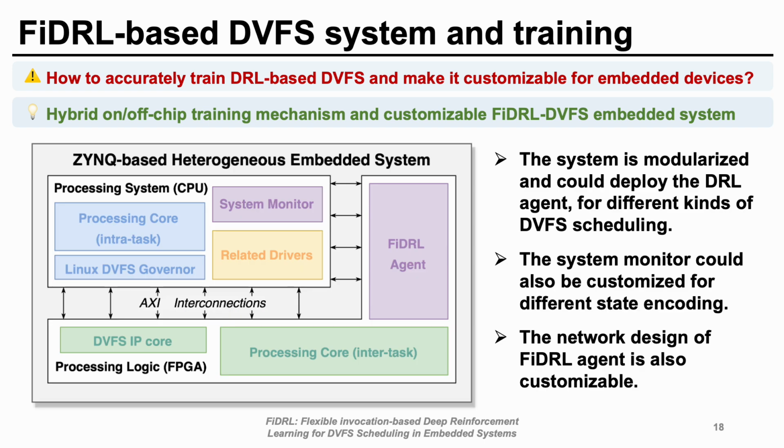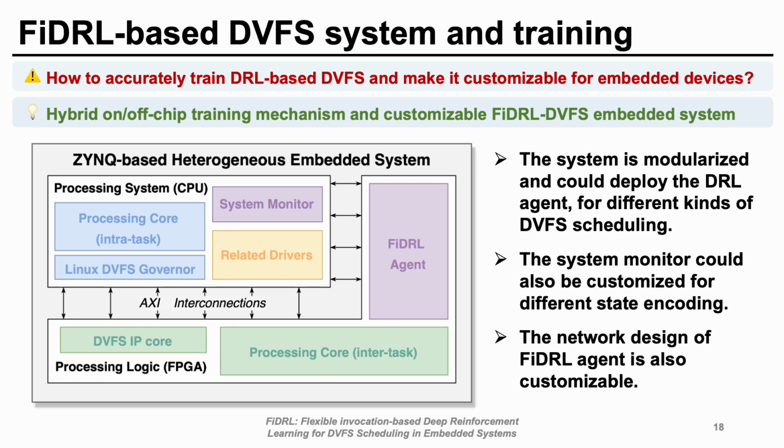We implement the modular components on a heterogeneous embedded platform. For inter-task DVFS scheduling, we synthesize processing units on FPGA, and for intra-task DVFS, we use the CPU to process the task.